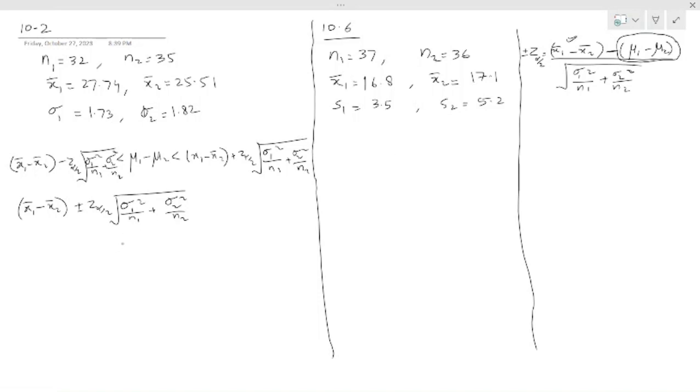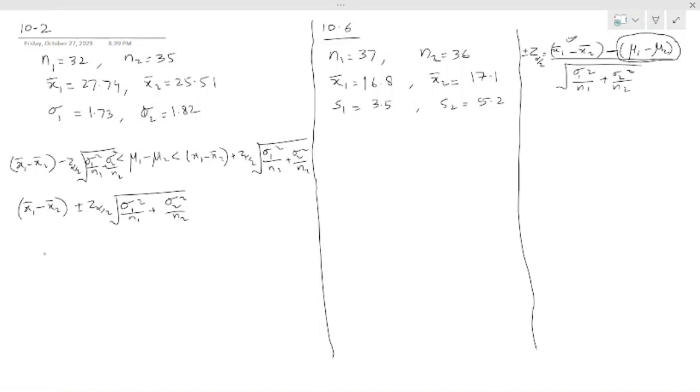You should have an idea from the structure of the starting term of the CI formula. Since x1 bar minus x2 bar is what the formula starts with, this entire confidence interval will estimate the difference between the corresponding population parameters, mu1 and mu2.